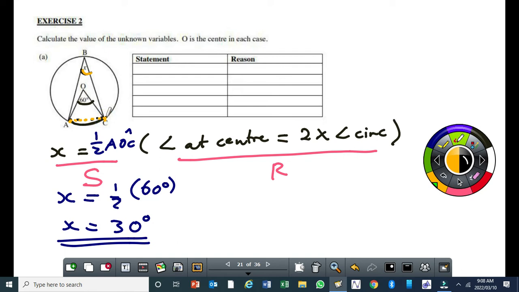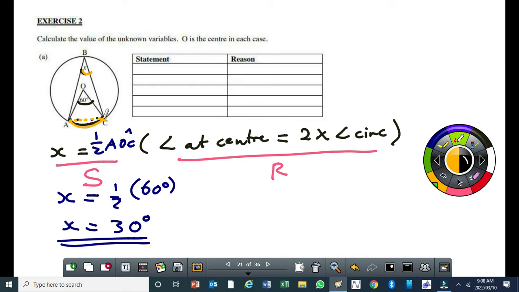Please, the chord is not drawn, so I can call it an invisible chord. You can construct it if you like. Also, arc AC, this arc here, subtends the 60-degree angle at the center. It also subtends the x at the circumference.